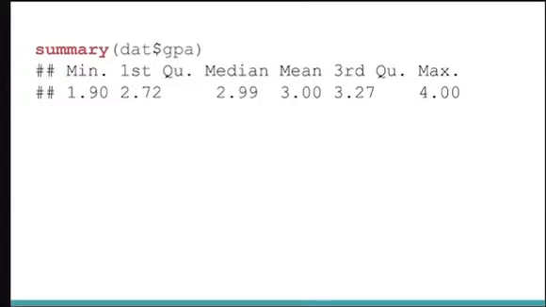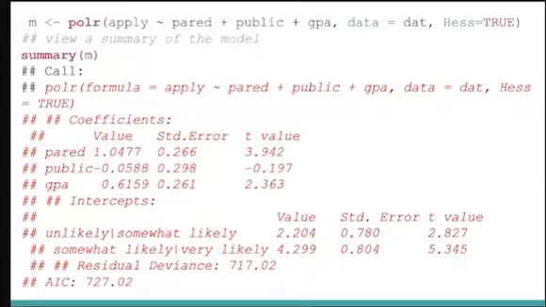So like I said, we're going to fit an ordinal logistic regression because the levels of the response variable here are ordered. Now, what is the coding? I want you to pay attention. When we were fitting binary logistic, we used GLM, right? But when we are fitting ordinal logistic, it's going to be POLR.